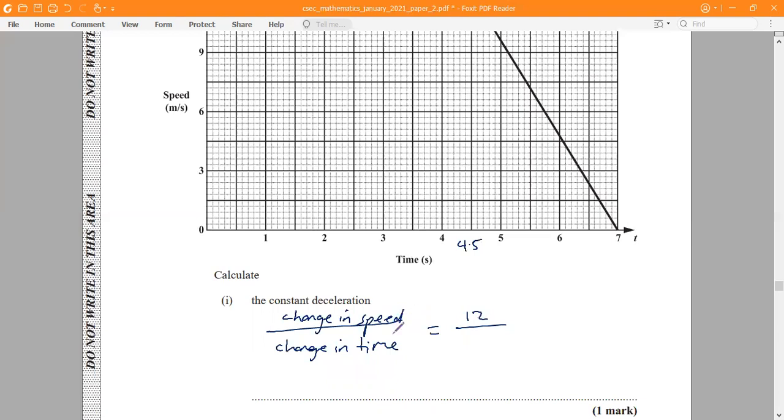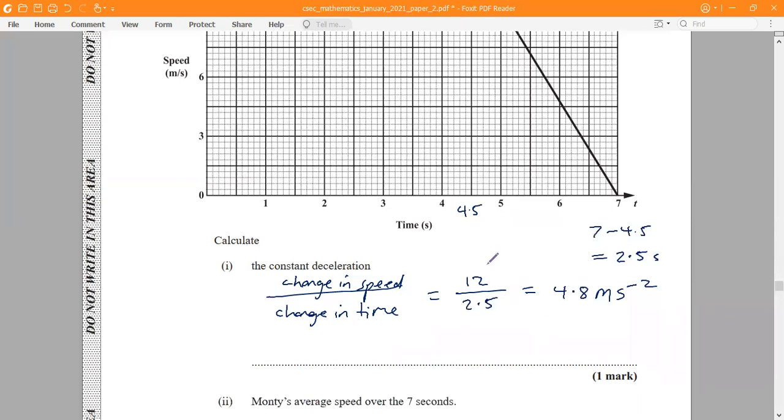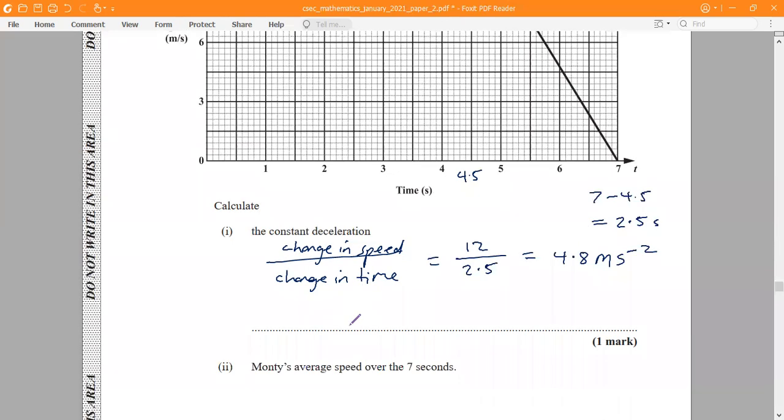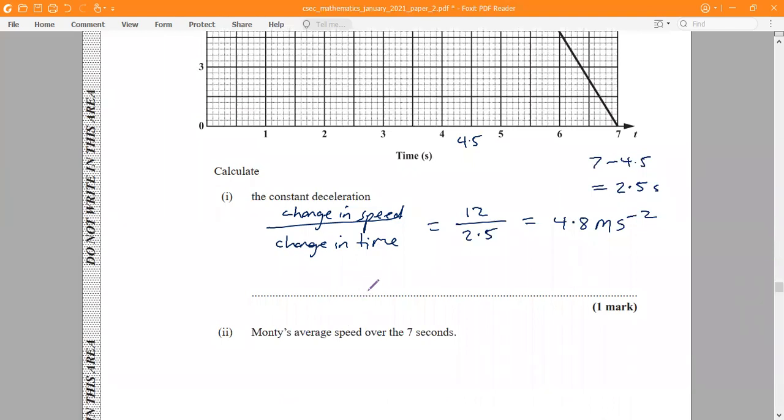And the change in time would be 7 take away 4.5, which is 2.5 seconds. So you divide by 2.5, speed divided by time. That gives 4.8 meters per second squared. All right, that's our deceleration.